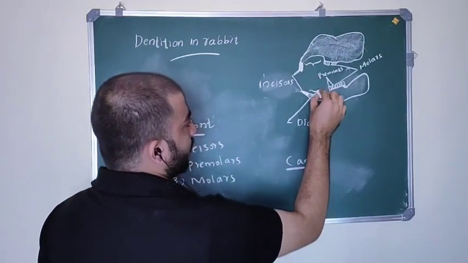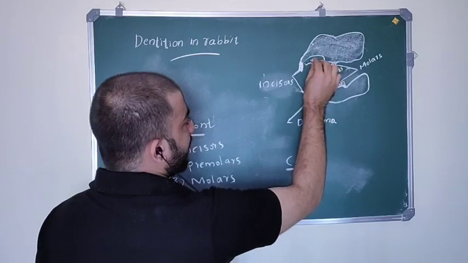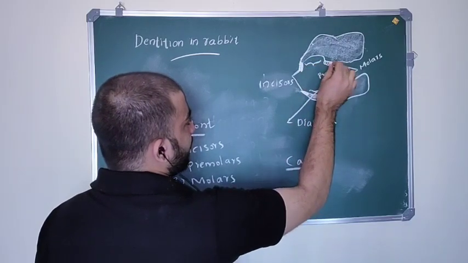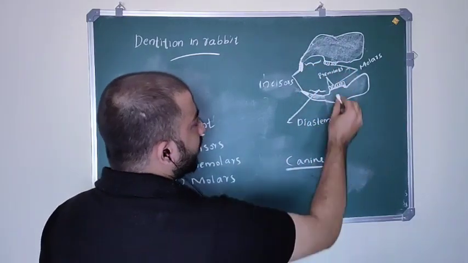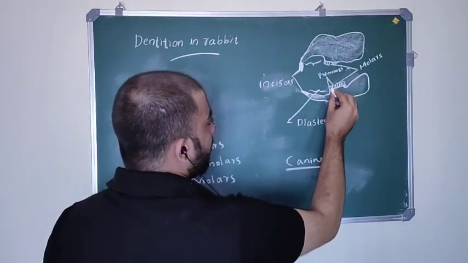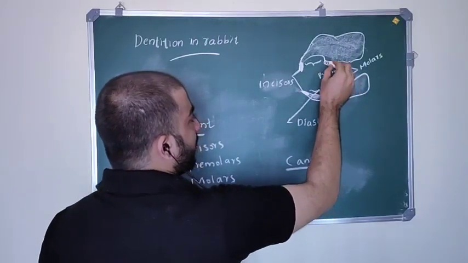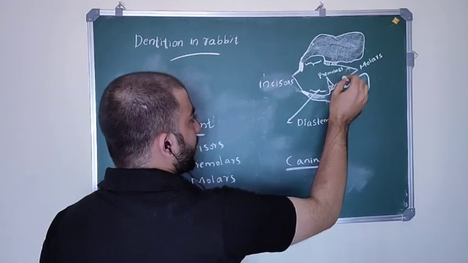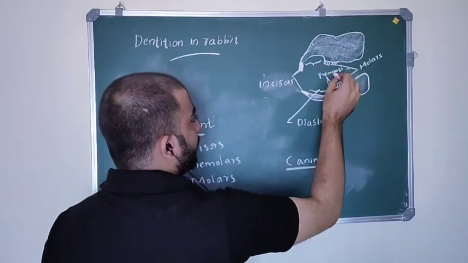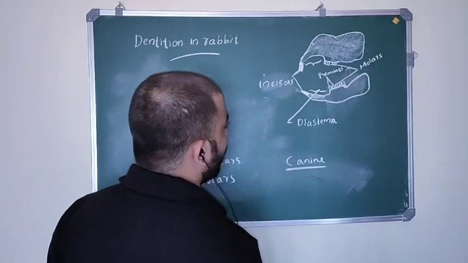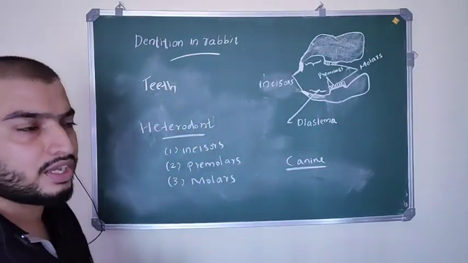Both on the lower jaw and upper jaw you can see this gap between incisors and premolars, that is called diastema. Then you can see premolars and molars, both on the upper jaw and also on the lower jaw. So this is about dentition in rabbits.